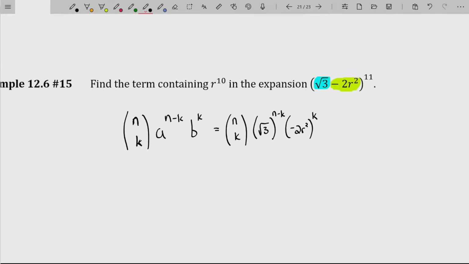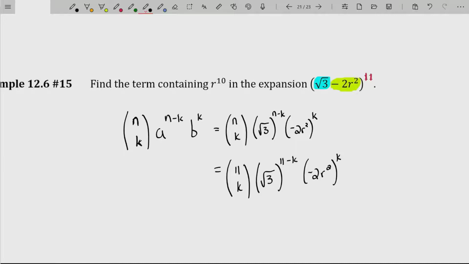Well, we know the power, which I'll write in red here, is the 11th power. And so that's what n is. n is concrete, solid, anchored to be 11 for this entire problem. So let me fill that in: 11 choose k, we have root 3 to the 11 minus k, and then we have negative 2r squared to the kth power.